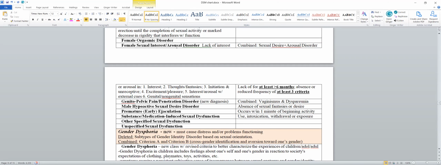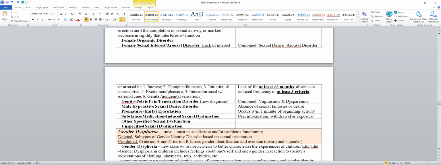Female sexual interest or arousal disorder, which is a lack of interest or arousal in one, interest, thoughts or fantasies, initiation and unreceptive, excitement, pleasure, interest, arousal with external cues, or genital, non-genital sensations.